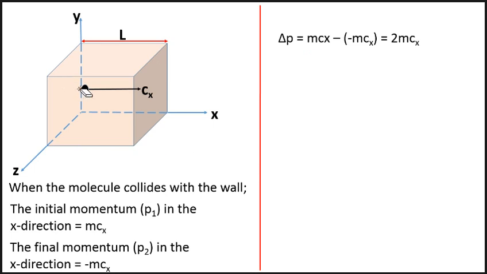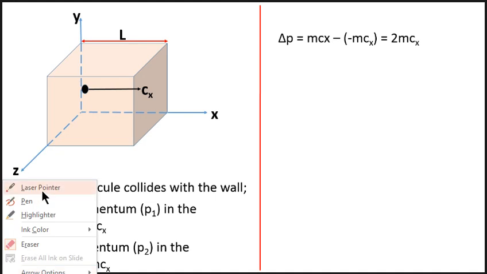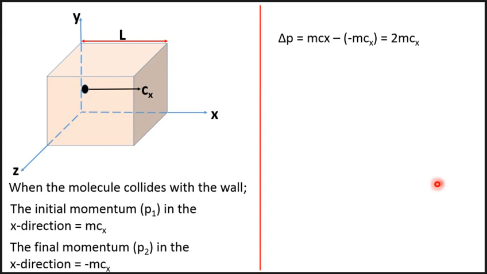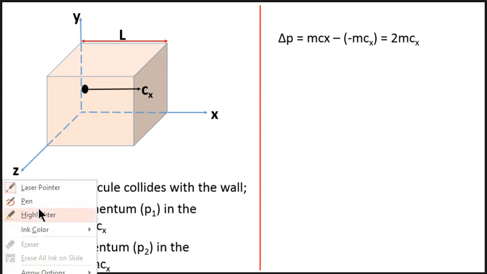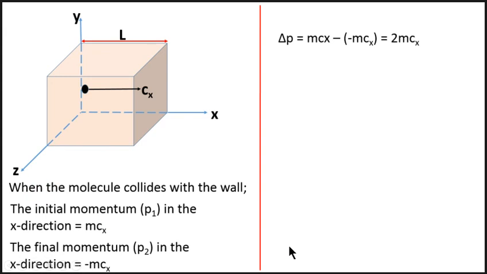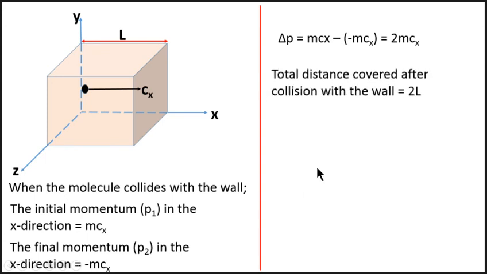Knowing full well that the molecule starts from here and moves in this direction, of course it covers a distance L. Then bouncing back in this direction covers another distance L. So with that, I can easily conclude that the total distance covered after collision with the wall equals twice L. That is L plus L, which will give me 2L.